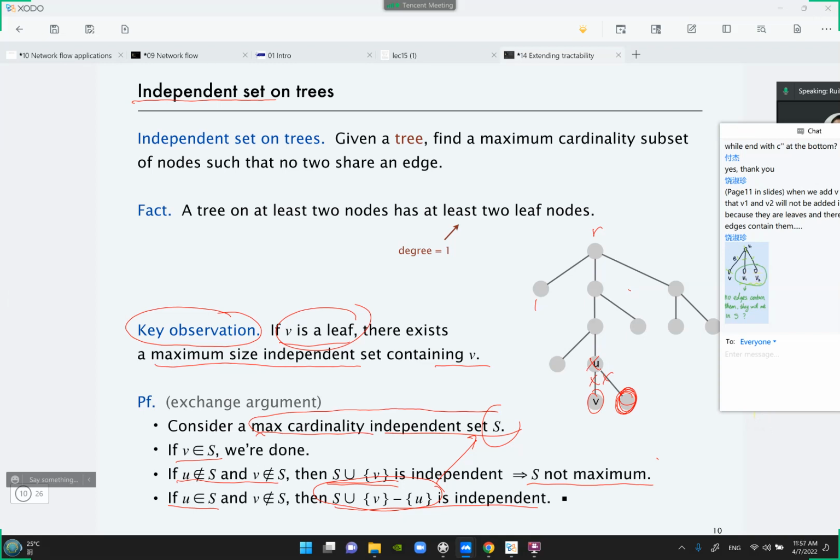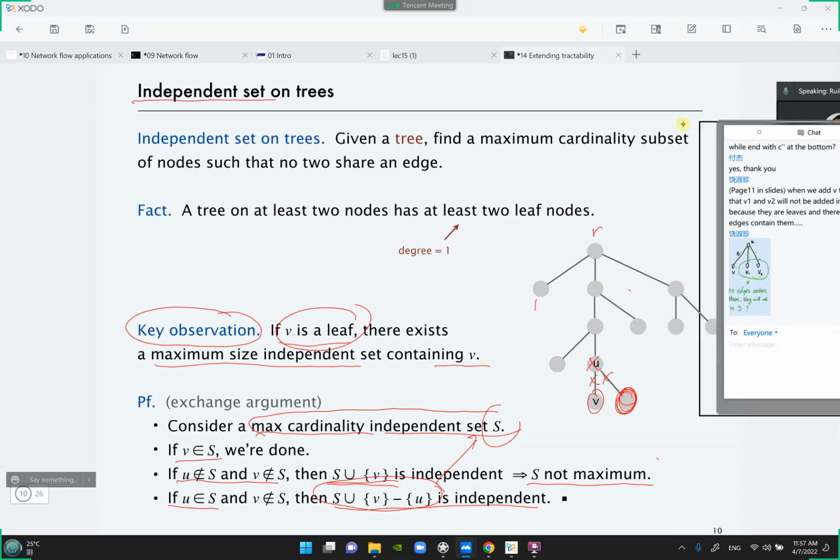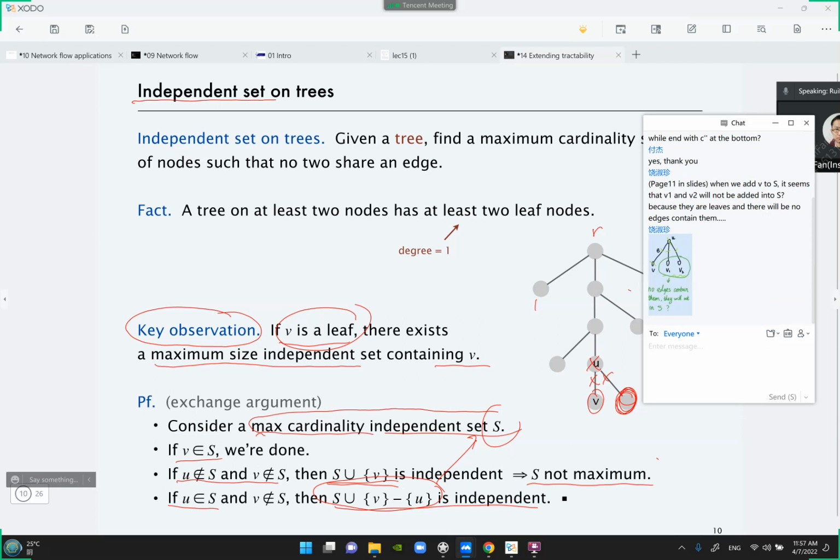It's just that because I'm doing this step by step, sequentially, I don't add V, V1, and V2 at the same time. I add them one by one, but eventually I will add all 3 nodes. Does that answer your question?